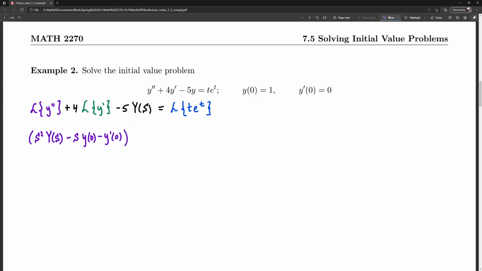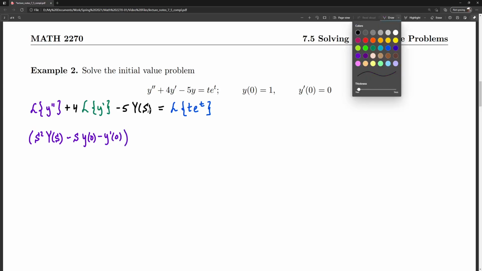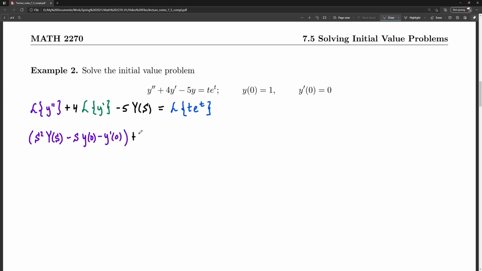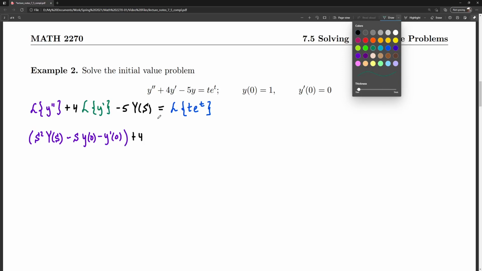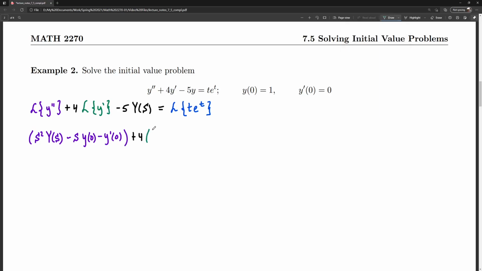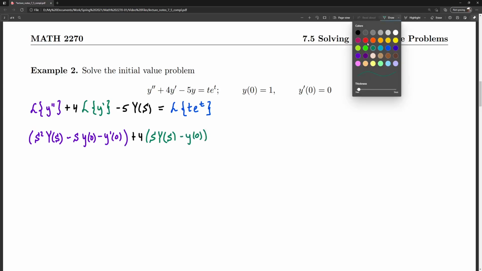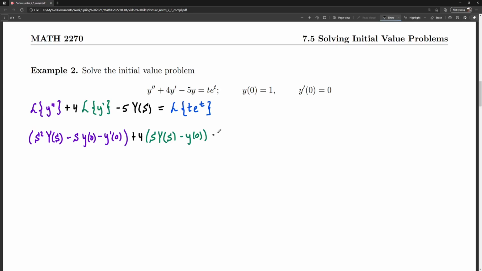And then plus 4 times the Laplace transform of y prime, which is s times Y of s minus y at 0, and then minus 5Y of s.